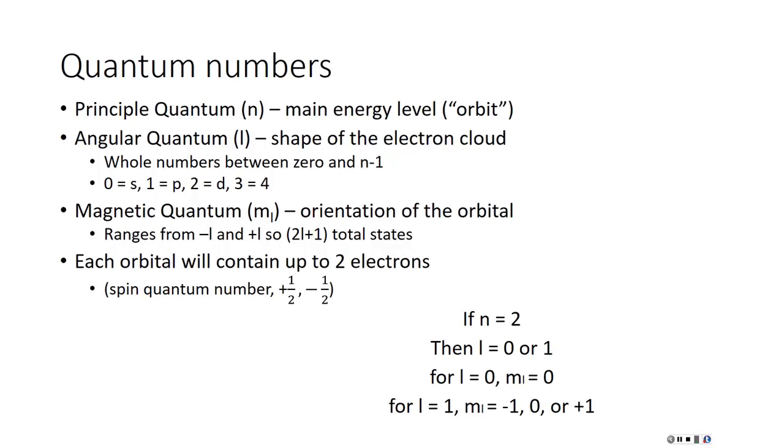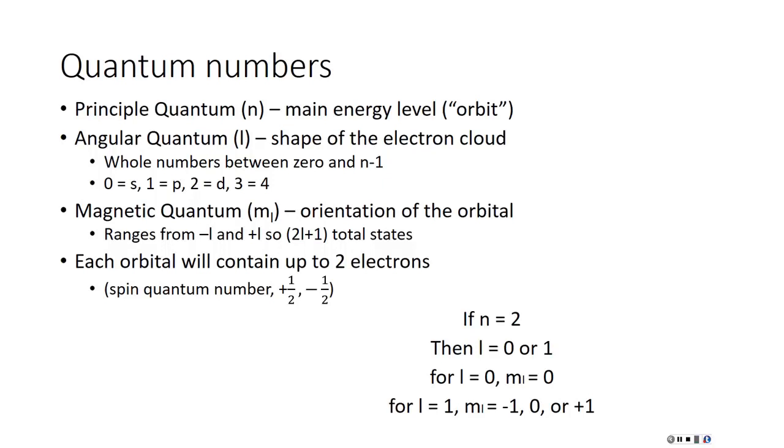So the first one is the principal quantum number. That's called n. This is basically the same thing as the orbit, just like in the Bohr model. So the first ring of the Bohr model would be the first principal quantum number.